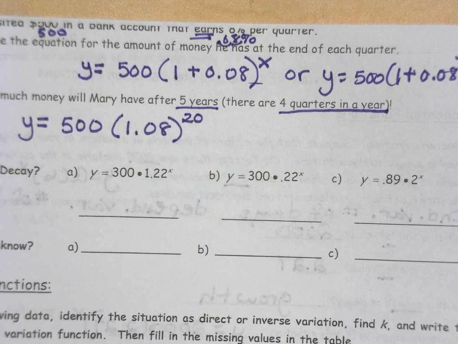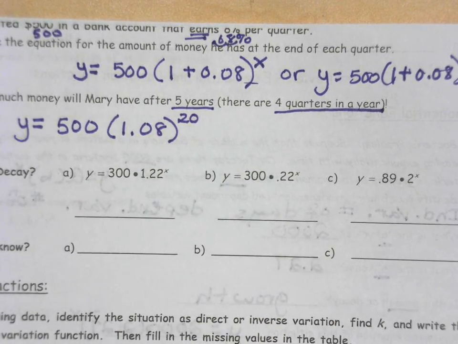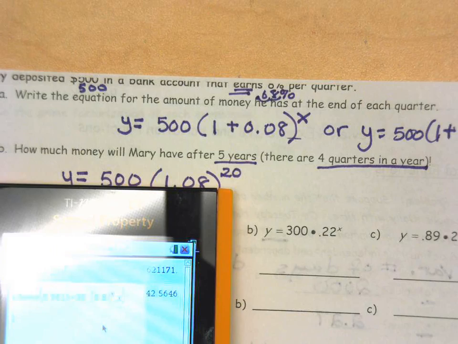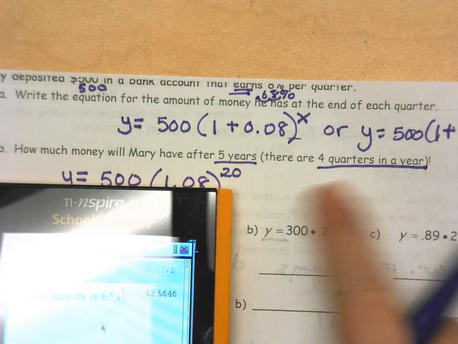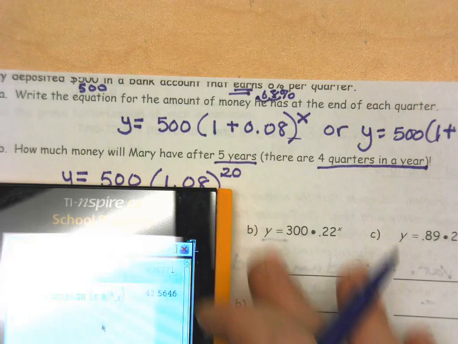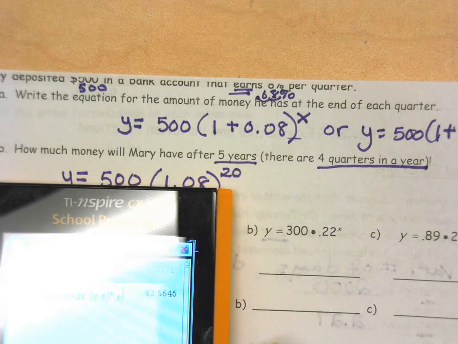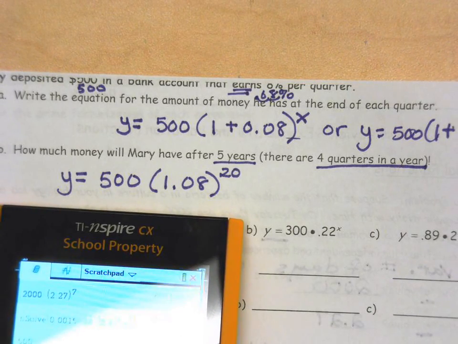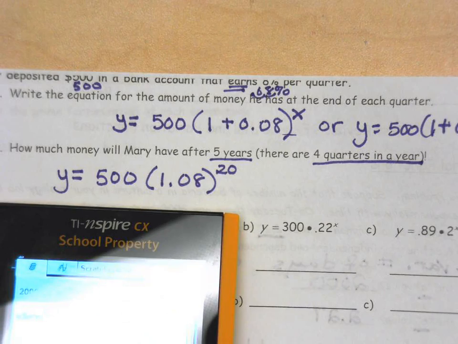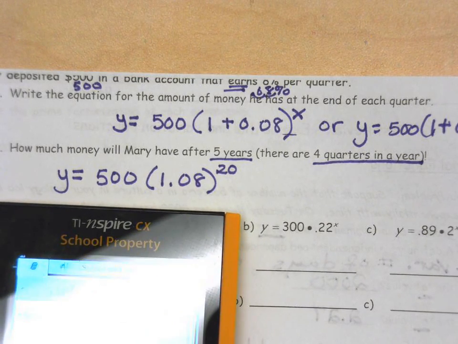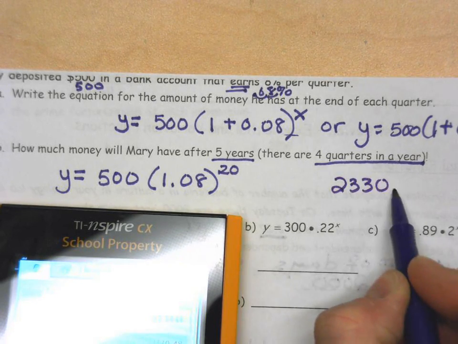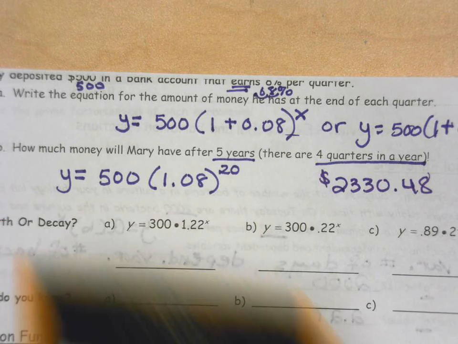And if I'm thinking right, there's actually a more complicated formula for this, but what we have here, this is the way it would work. So I would go 500 parentheses 1.08 raised to the 20th power, and we get $2,330.48.